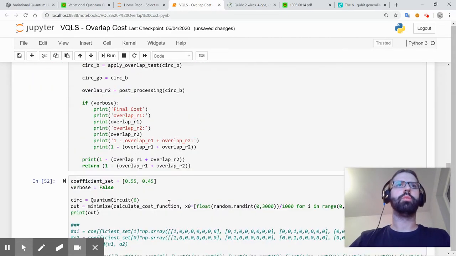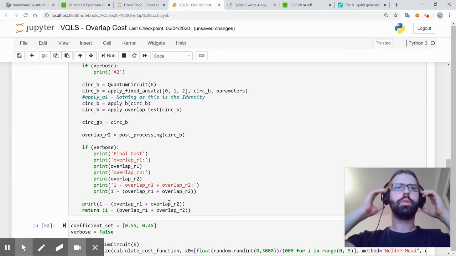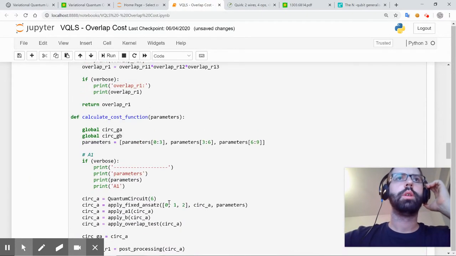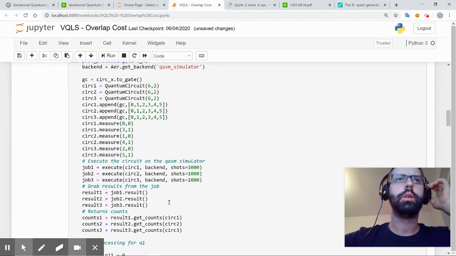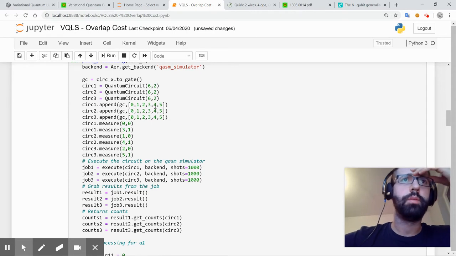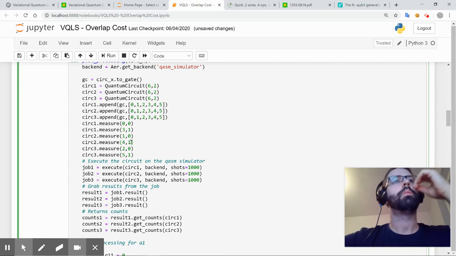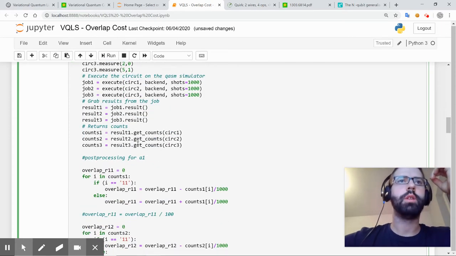Sorry, I wanted to print out the circuit. No, because the circuits are created here. Okay. So measuring 0, 0, 3, 1. Am I measuring the right things?